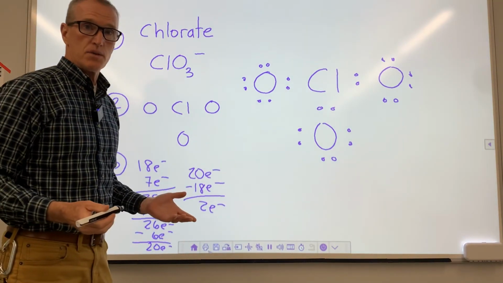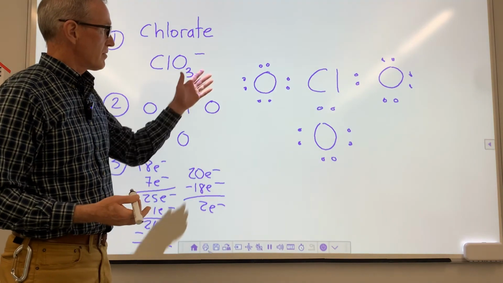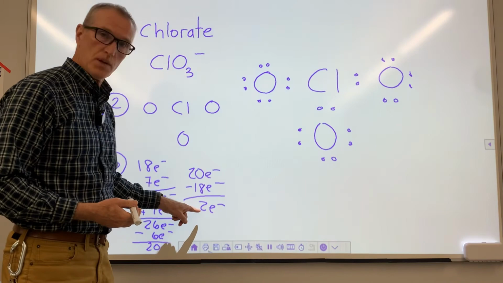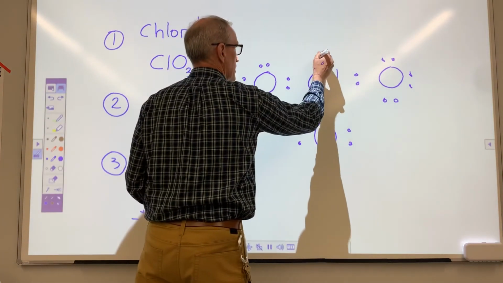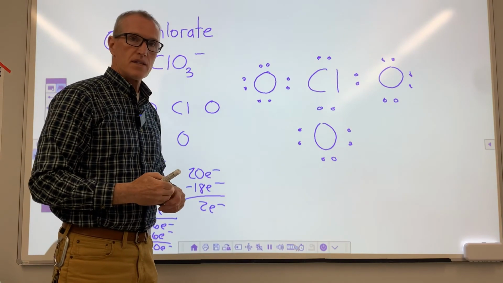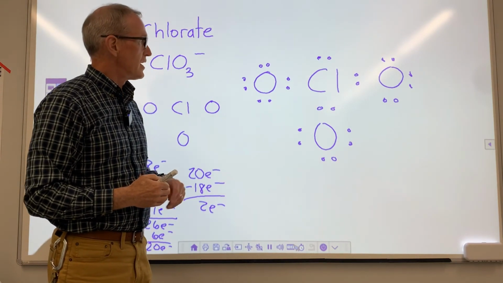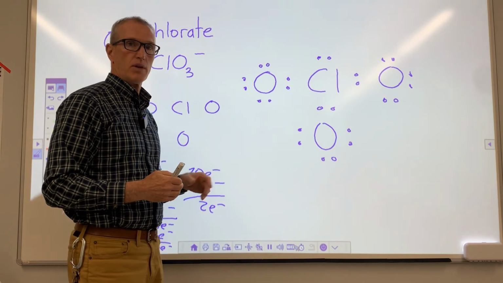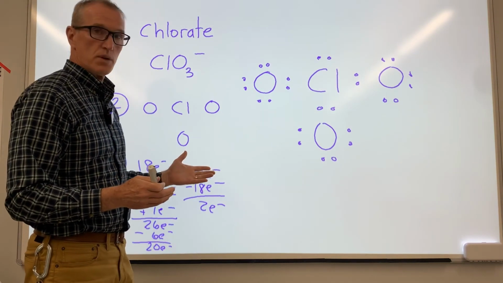Then the last thing I do is I look at the central atom. All of the non-central atoms have the noble gas configuration. I've got 2 electrons left over. Works out great to put that right there around that central chlorine atom. So I see that all of the atoms in this structure have satisfied the noble gas configuration. So there's our Lewis structure.